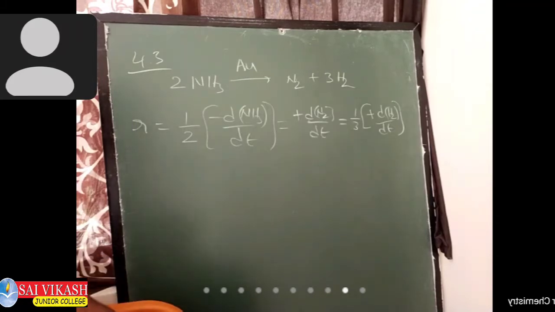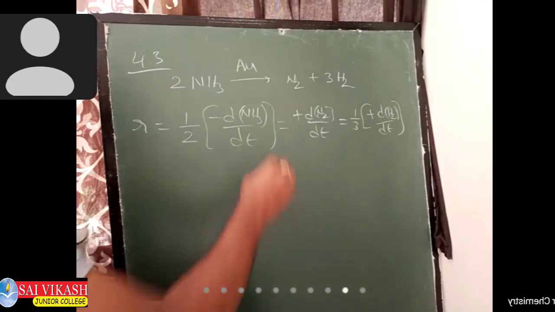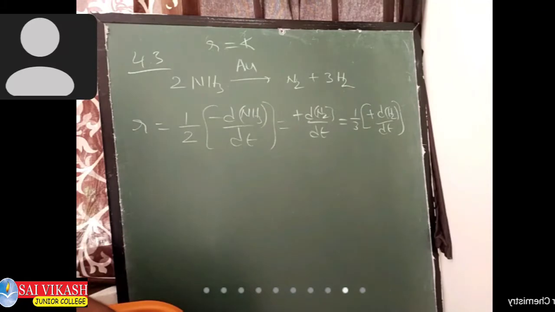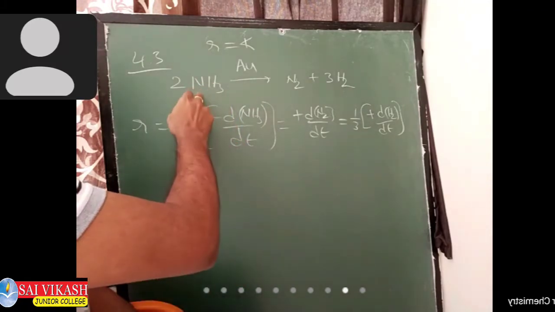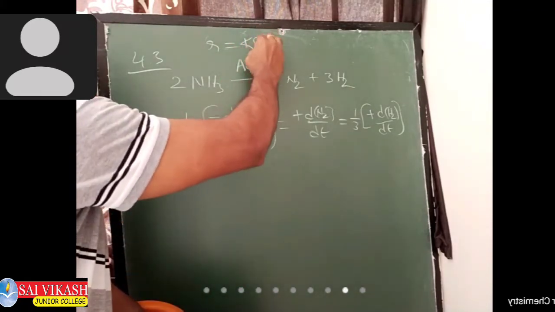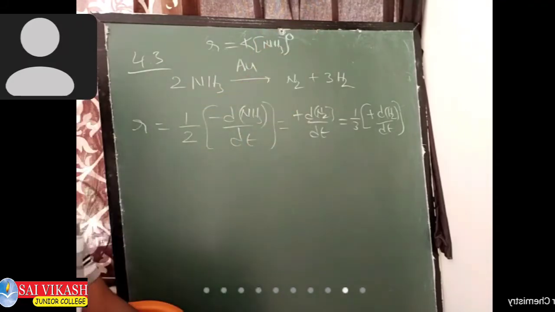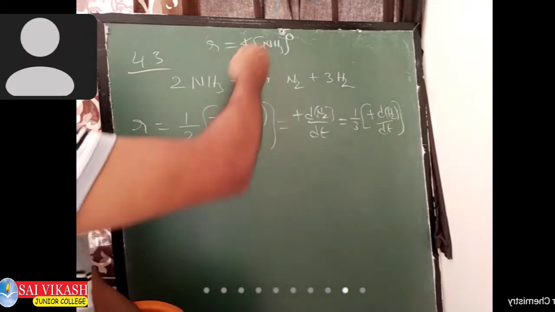But what they have given is that it is zero order. So for zero order, I told you, R equal to K. Actually, its rate equation is R equal to K into concentration of ammonia power zero. Anything power zero is 1.